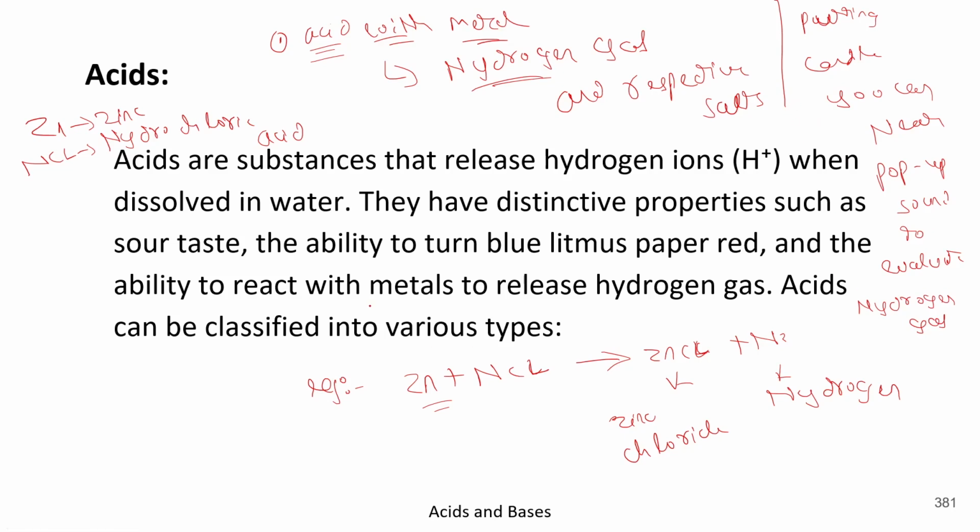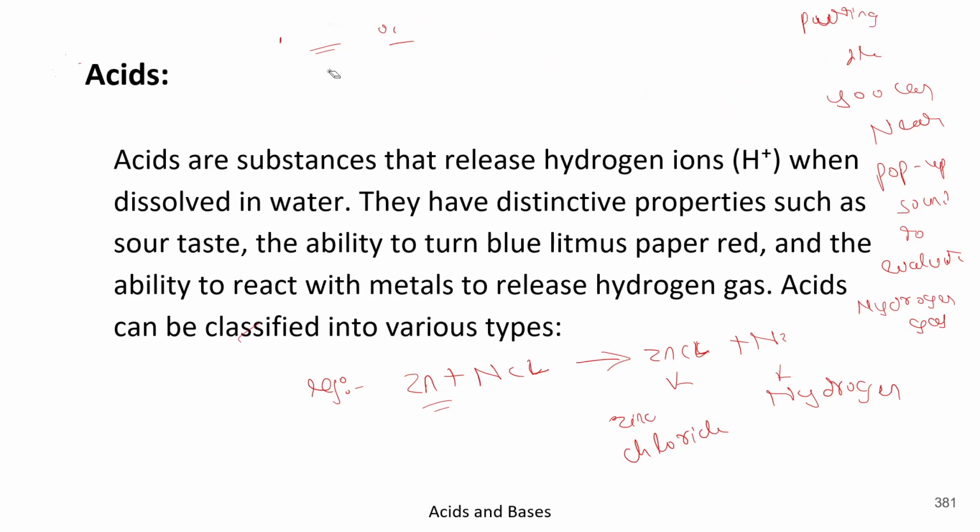So if this is the place where you react the metal with acid, and you put your candle nearby, the candle will produce a pop sound, and this pop sound is an indication that hydrogen gas has been released. Got it? So it is our first situation. Now let's move forward.